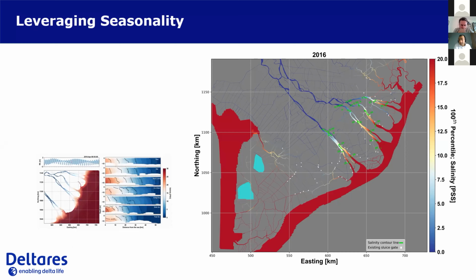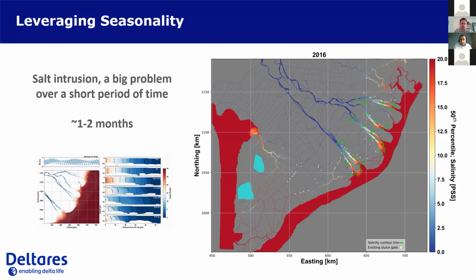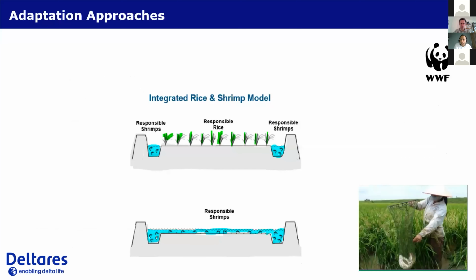And actually 50% of the time, salinity was much lower, far from Kanto. So salt intrusion is indeed a big problem over a short period of time. But when it happens, it can create a lot of problems to the system.